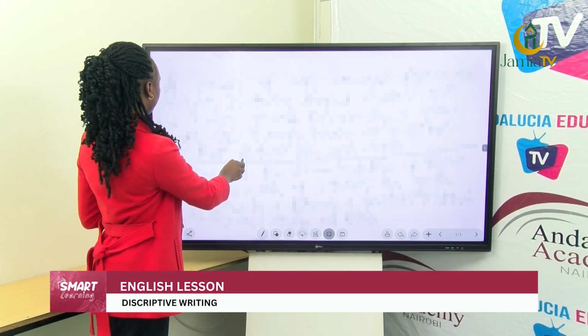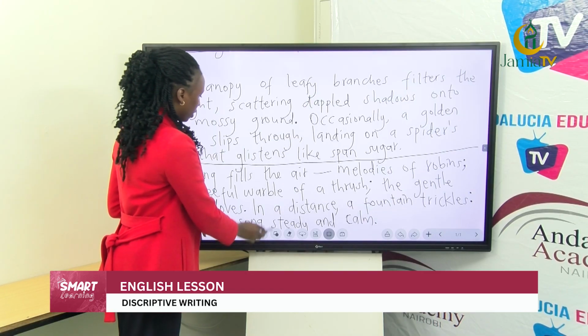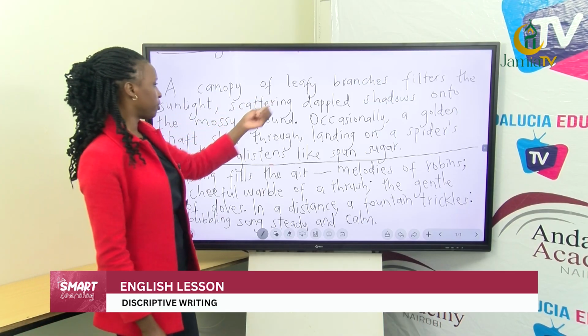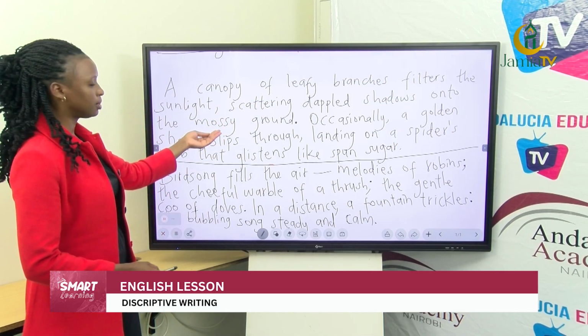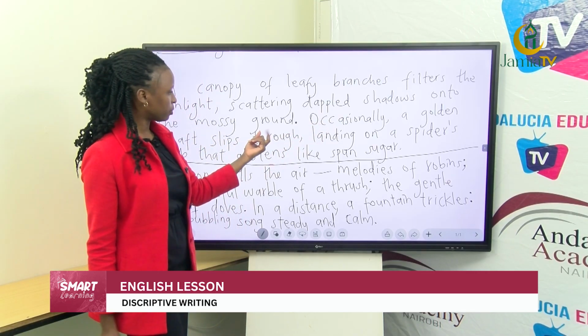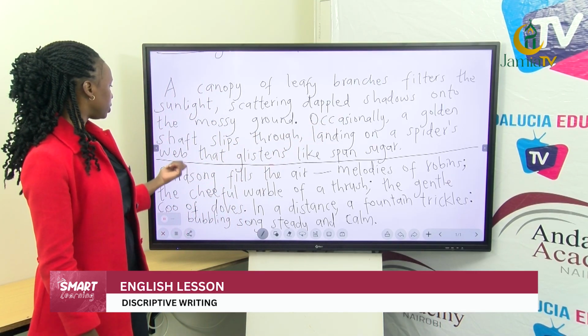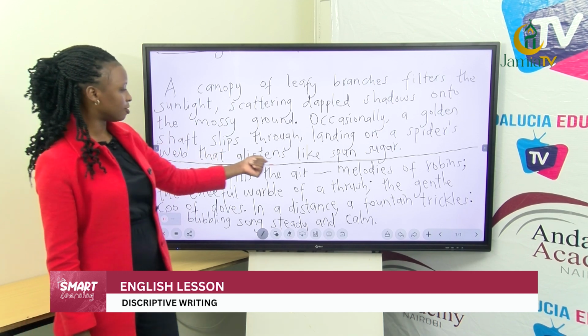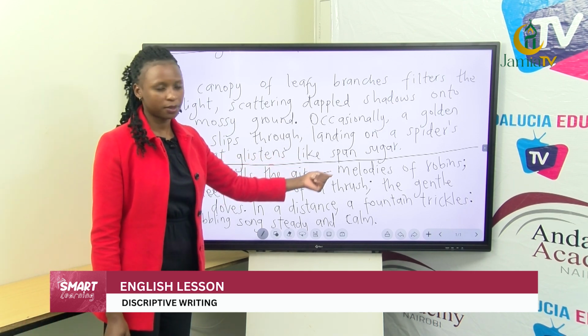Okay, there we are. So our next paragraph, you can mark it with the line that we have there. A canopy of leafy branches filters the sunlight, scattering dappled shadows onto the mossy ground. Occasionally, a golden shaft slips through, landing on a spider's web that glistens like spun sugar. Look at that.